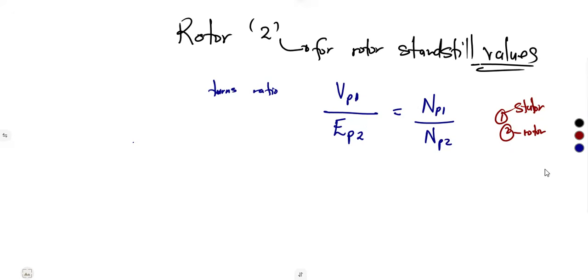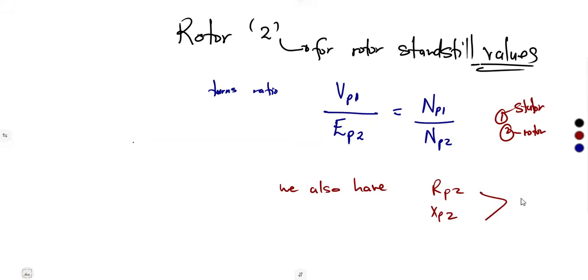Just like that. So also, just like what we had previously, we had those resistances. Also, we have resistance which can be considered at standstill values. We also have the resistance at standstill, and also we have the reactance at standstill.